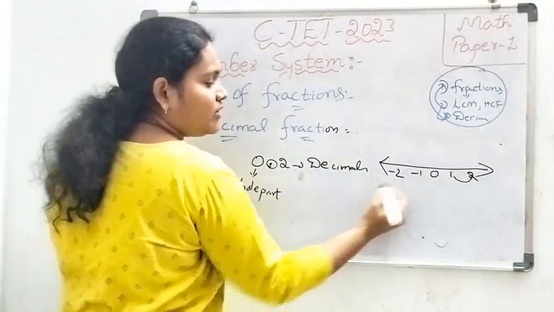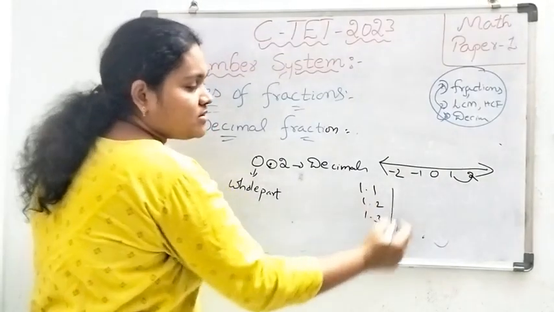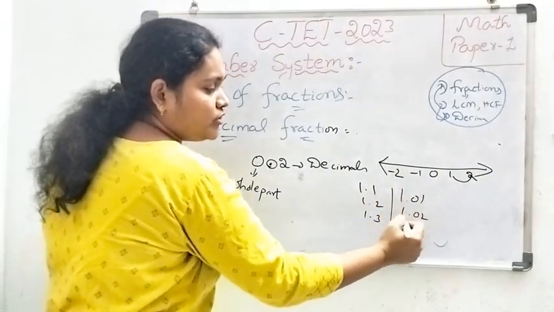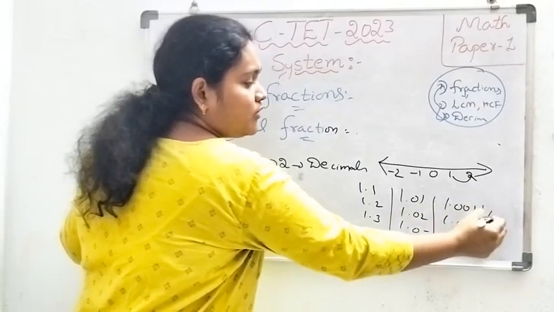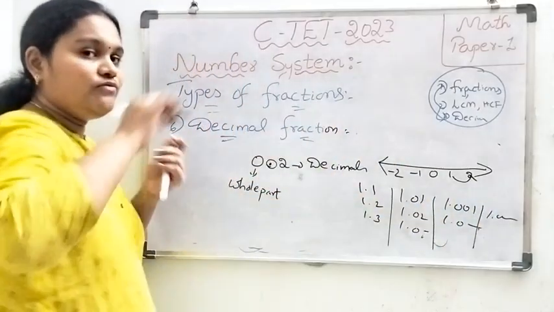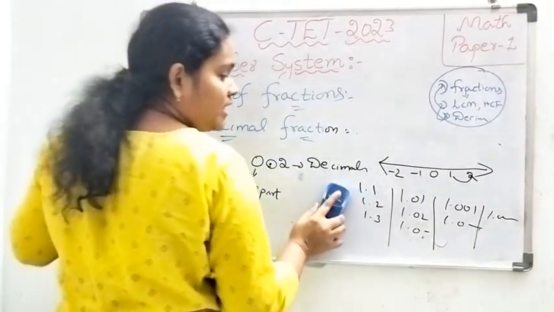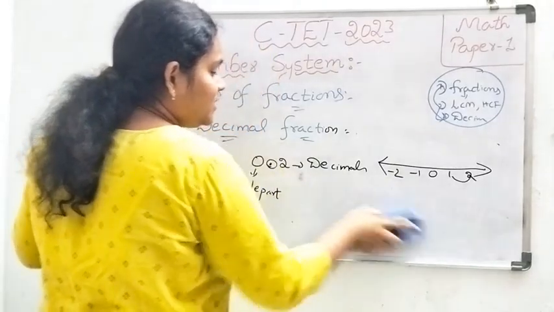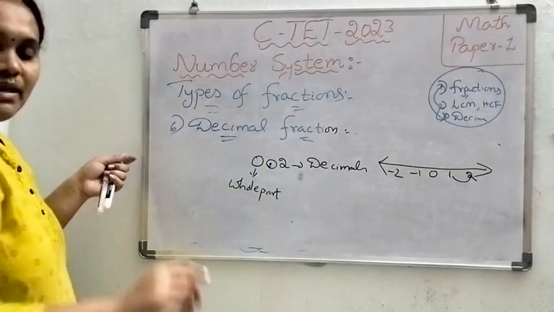Because we can start from 1.1, 1.2, or else 1.01, 1.02, or else 1.001, 1.002, like that. So many infinite numbers are there between any two numbers, right? So each number we can represent in the form of a decimal.